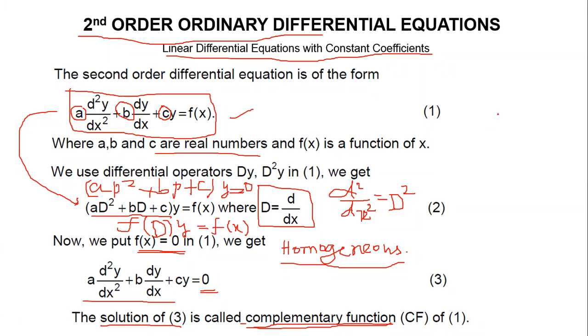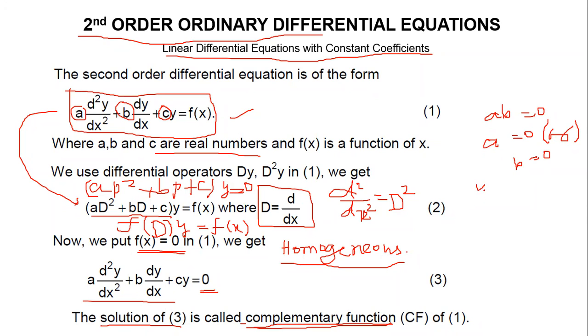Actually, one rule is there. If AB equal to 0, then either A equal to 0 or B equal to 0. Now here, a p square plus b p plus c equal to 0 or y equal to 0.